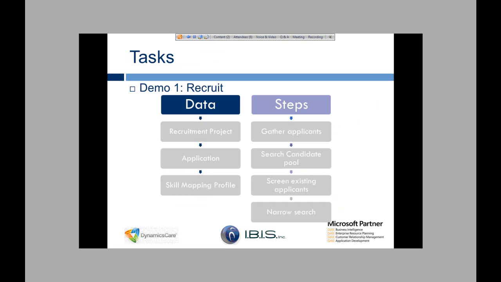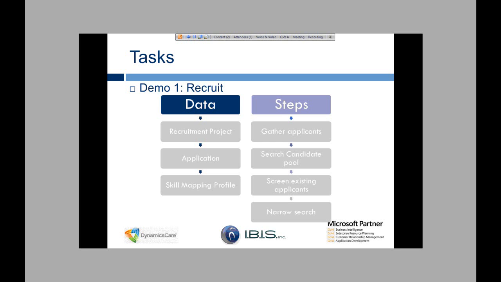So first, we're going to jump right into the actual environment, and we're going to see a first demonstration of the actual recruitment process. We're going to do this through what's called a recruitment project in AX. So we'll actually see that project. We'll see the applications that have been submitted for it, either through Enterprise Portal or manually entered.